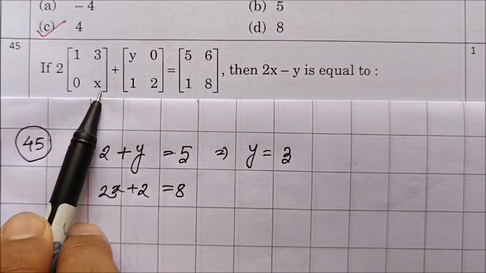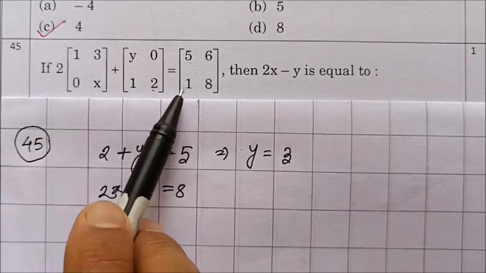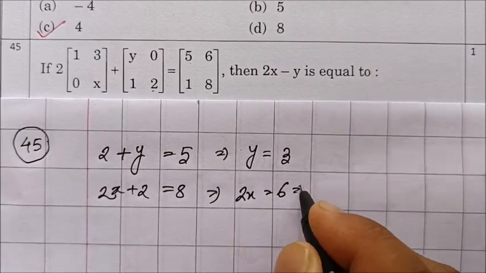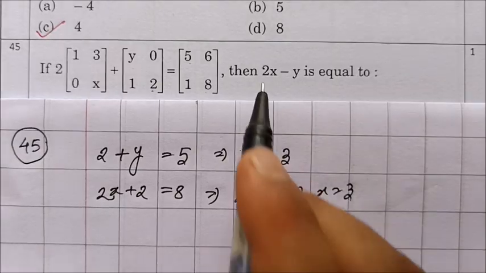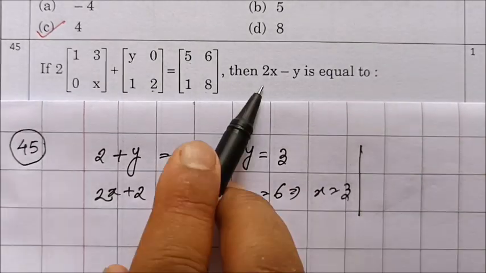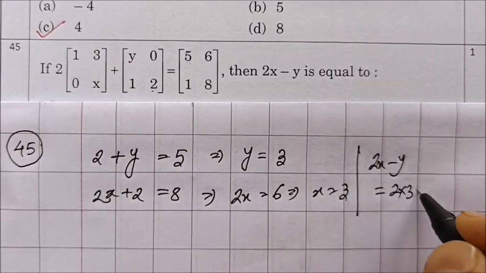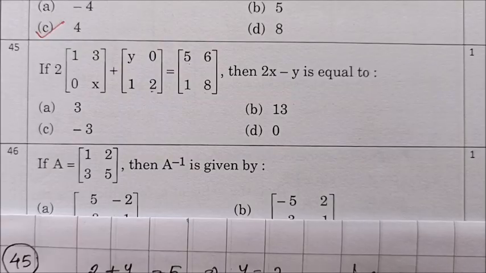Then 2x plus 2 equal to 8, so this will give us 2x equal to 6. So x is also equal to 3. Now we have to find the expression 2x minus y. So 2 into 3 minus 3, 6 minus 3 is 3. So the correct option for us is option A.